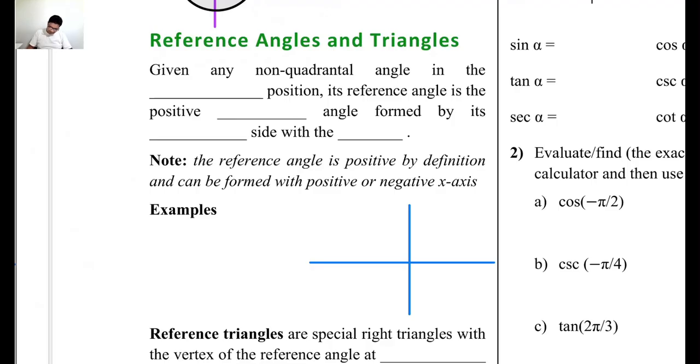You are sometimes interested in angles in other quadrants. Like, what if you want to find the value here? Say this angle is 150 degrees, right?